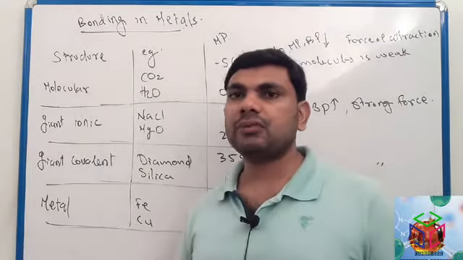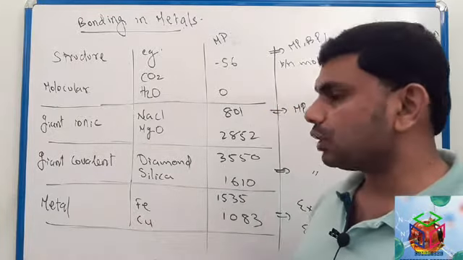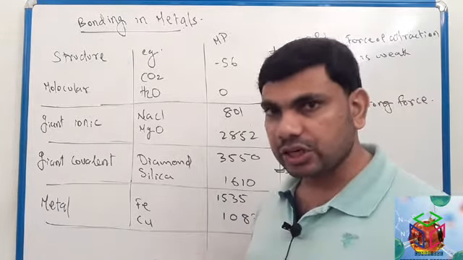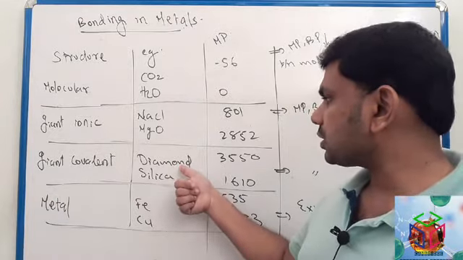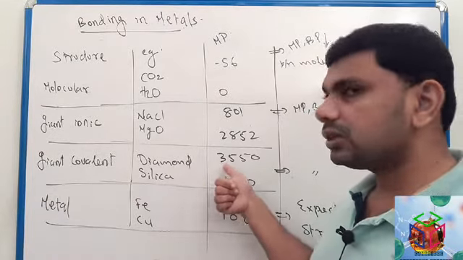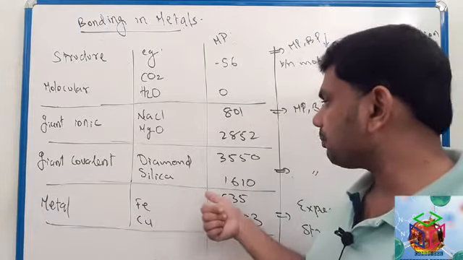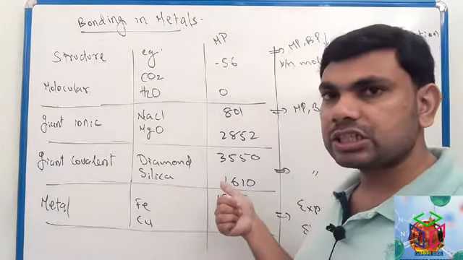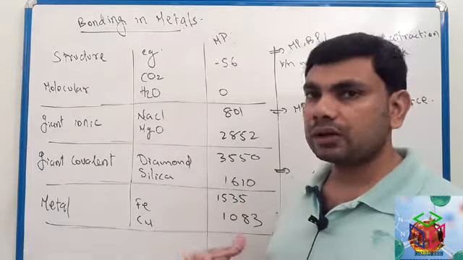And see here, giant covalent structure: graphite, diamond, silicon oxide. These are giant covalent structures or macromolecules. Diamond, 3550 degrees Celsius, silica, 1610 degrees Celsius. Strong force of attraction.